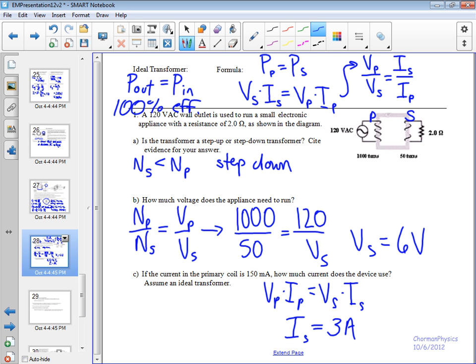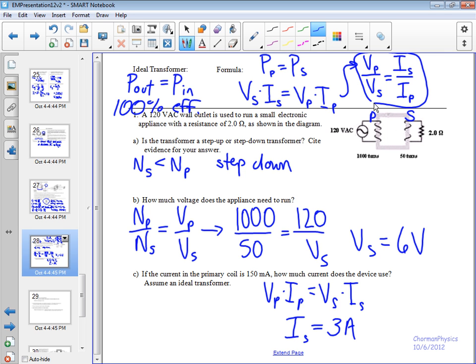So what we get is that the primary power is equal to the secondary power for an ideal transformer. We substitute our equation for power, voltage times current, and we end up with this inverse ratio between the two: the ratio of the voltage of the primary coil to the secondary coil is equal to the ratio of the current in the secondary coil to the primary coil.